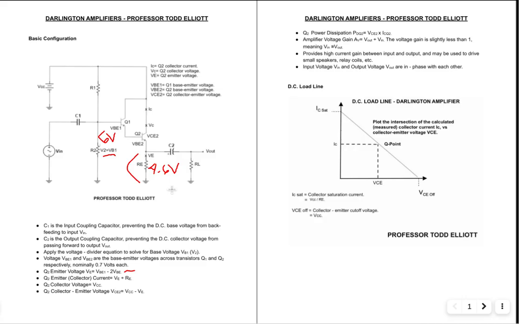Resistor RE is the resistance called the emitter resistor. Notice that the collectors of both transistors 1 and 2 are connected together and they go to VCC. So the collector voltage VC is simply whatever that is.